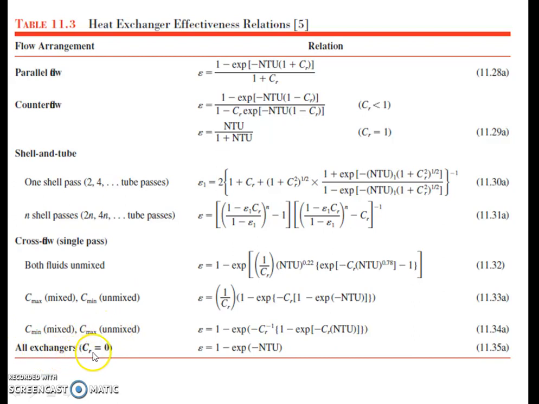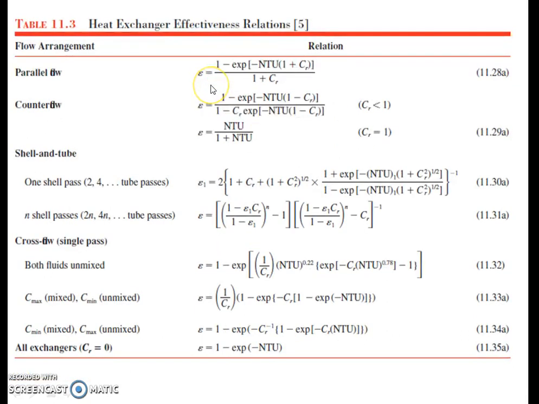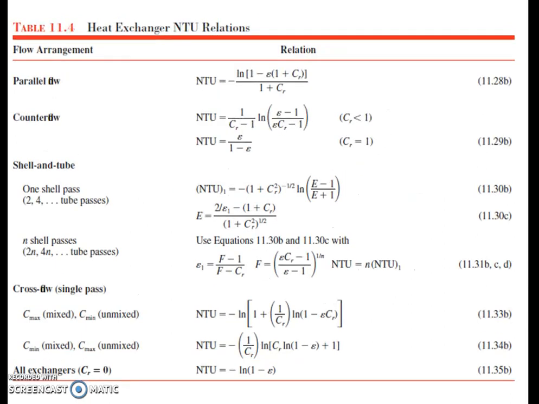Also, we have all heat exchangers where the capacity ratio equals 0. So we have two tables of formulas to calculate the NTU or the effectiveness, depending on which one is provided in the question and which one is missing.